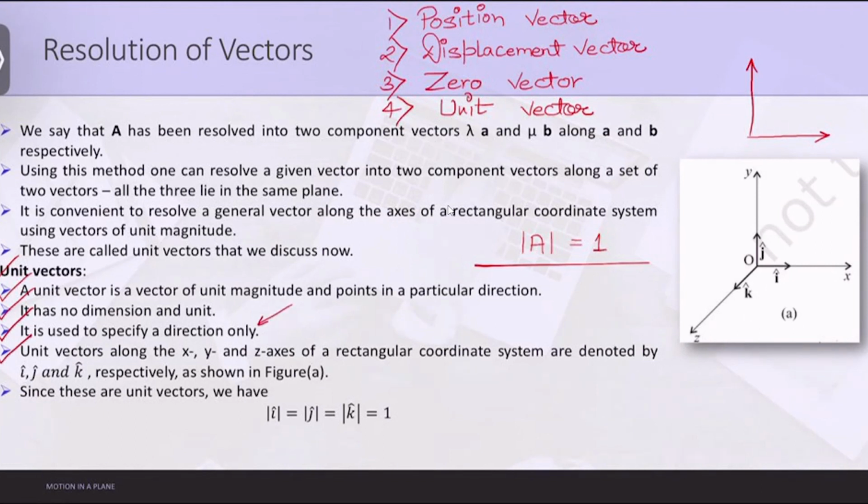Now this is a very, very important line because this is the basic crux of how you understand vectors. Everything you will do from now on will be in terms of this fourth point which has been explained here.